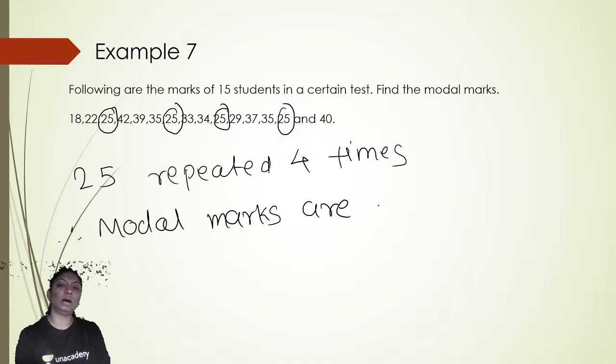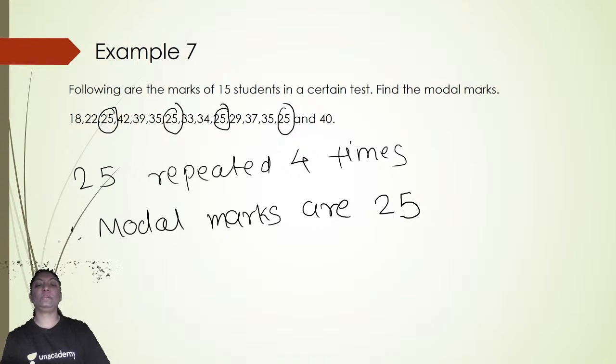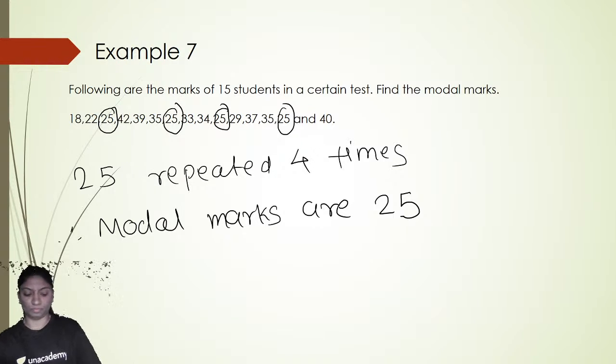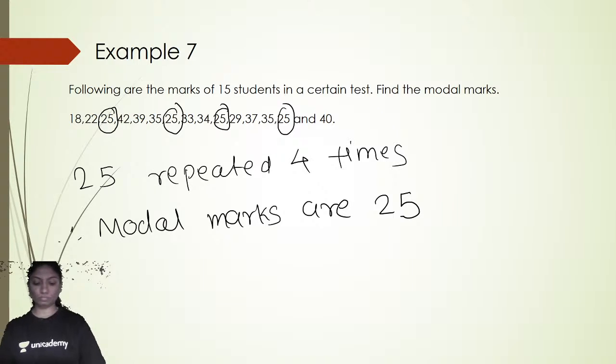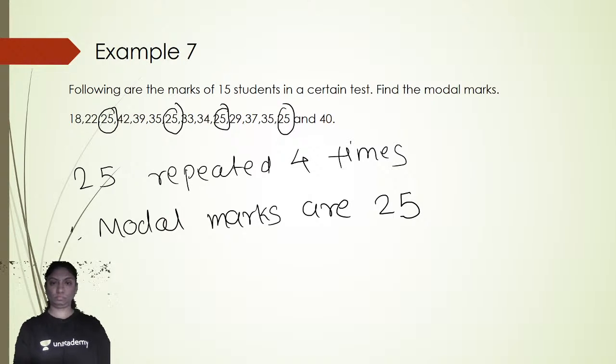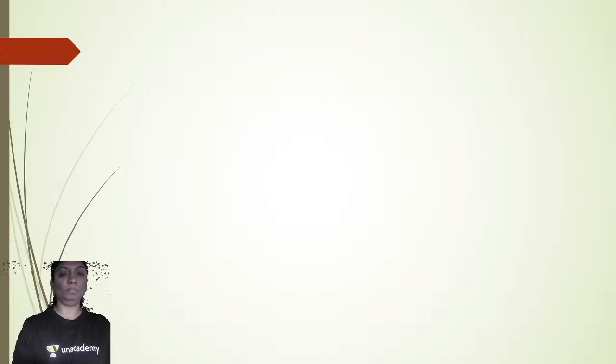Okay, 25 repeated 4 times. Therefore, modal marks are 25. Okay, we'll see the next example.